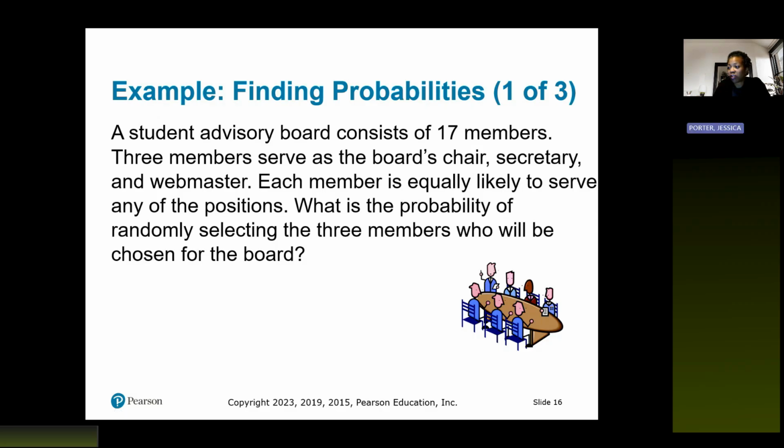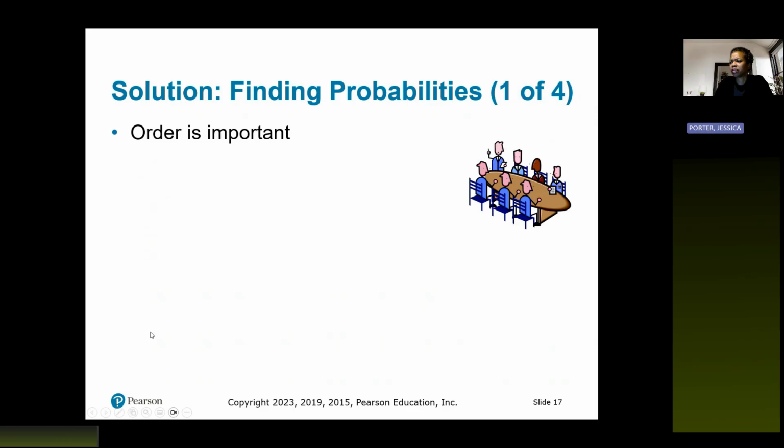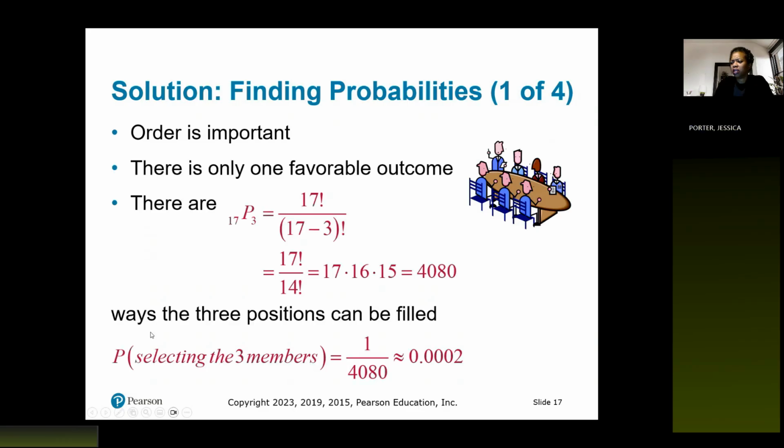What is the probability of randomly selecting the 3 members who will be chosen for the board? Okay. 1 out of 4,080. So there's 4,080 possibles, but because there's only one favorable outcome, the probability of selecting those 3 members is 1 out of 4,080.